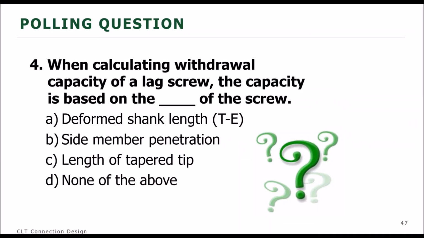So the actual answer is the deformed shank length. So that was that T minus E dimension, or the length of the threads in our lag screw. So most of you got it right, so that's excellent. Everybody's paying attention.